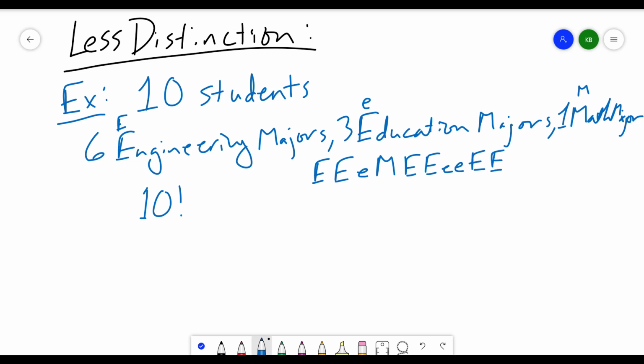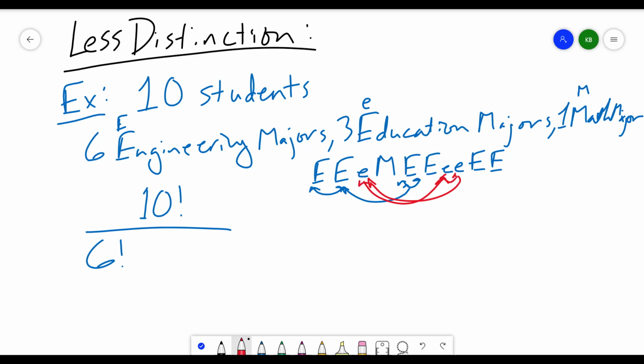All right, so I can interchange my engineers in any possible way, and I can't tell the difference. So what we do is we divide out by all the possible orders that the engineers could end up in. So I have 6 engineers, so the permutations of my engineers, I have 6 of them. And then the education majors could also be flip-flopping around any way that they want.